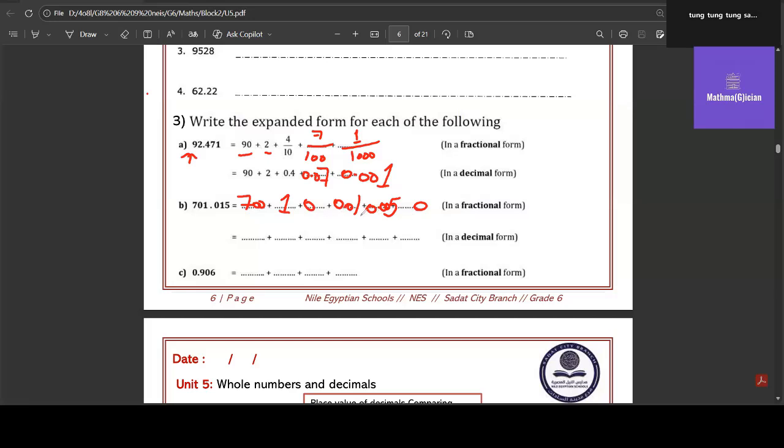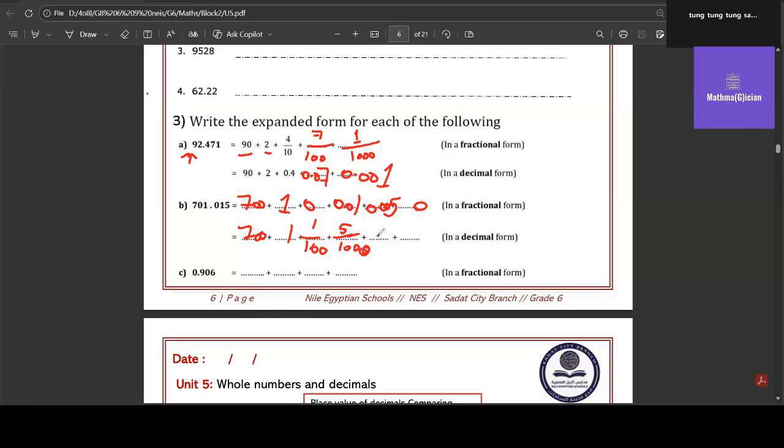Right. This is if it's in decimal form. So in a fraction, it should be 700, that's 1 over 10 and 5 over 100, 1 over 100, 5 over 1000.